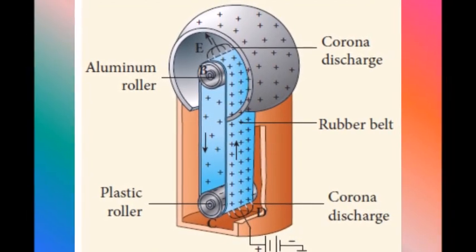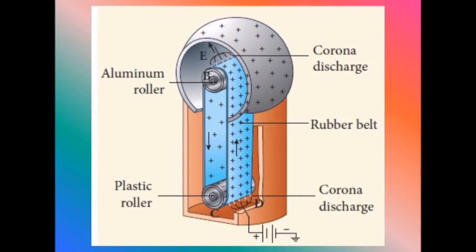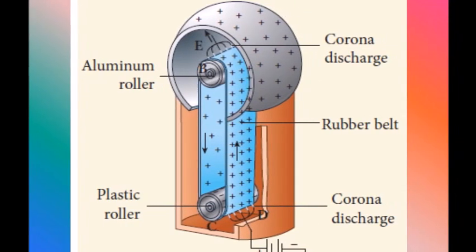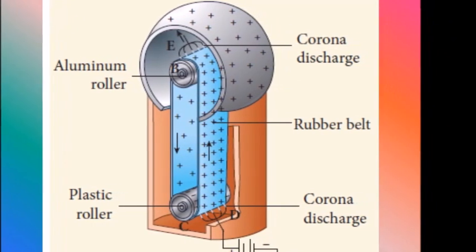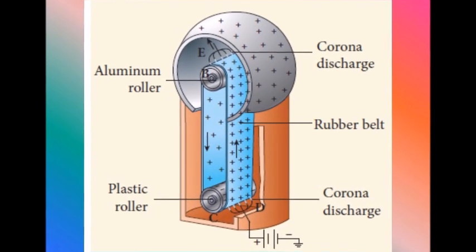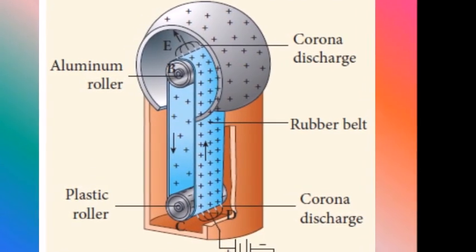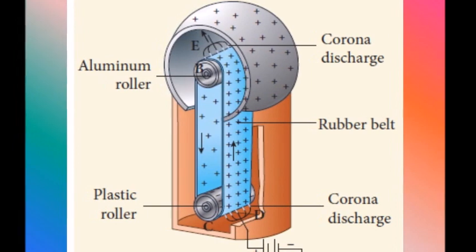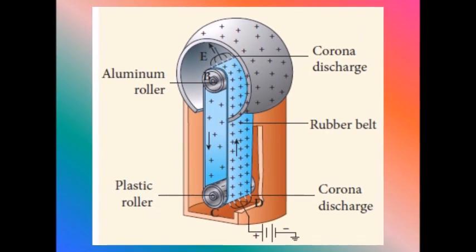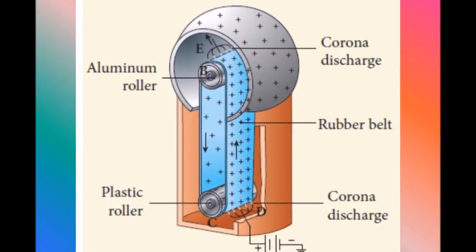When the positive charges reach the comb E, a large amount of negative and positive charges are induced on either side of comb E due to electrostatic induction. As a result, the positive charges are pushed away from the comb E and they reach the outer surface of the sphere. Since the sphere is a conductor, the positive charges are distributed uniformly on the outer surface of the hollow sphere.